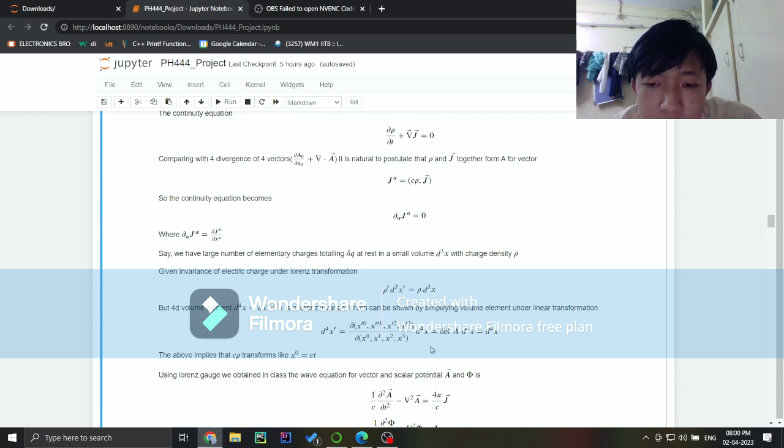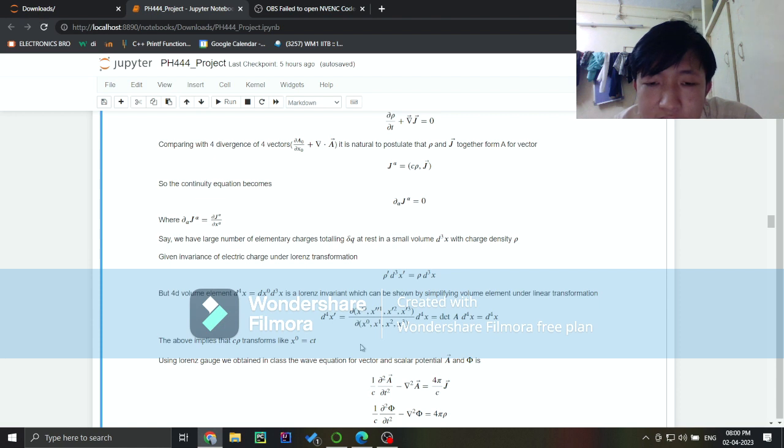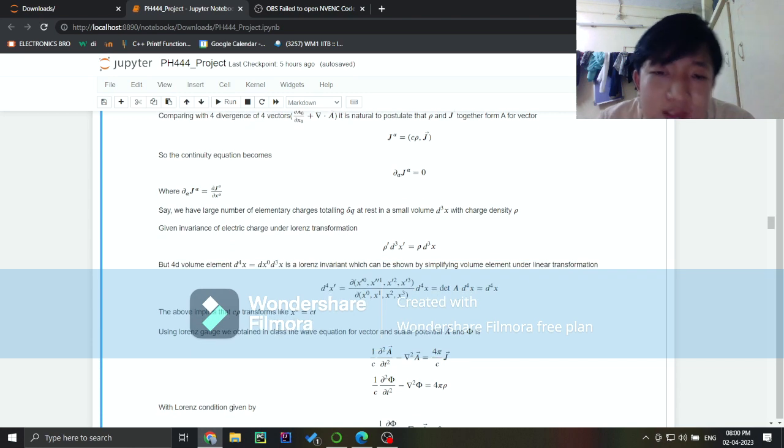That suggests, since x⁰ is equal to ct, that cρ behaves as the time component of this j^α four-vector. Okay.